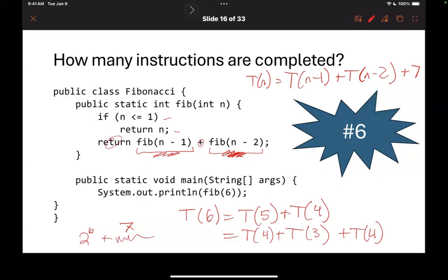So there's 2 calls, and then 2 calls, and then 2 calls, and then 2 calls. And those all get multiplied together. And so for that reason, we have 2 to the n. Since n is 6 in this case, we get 2 to the 6th, which is 64, plus some number of other things.